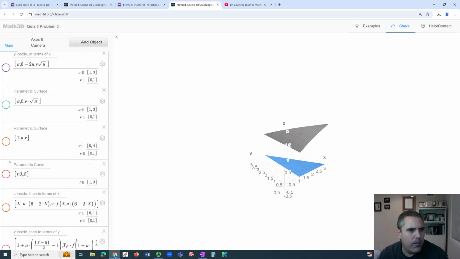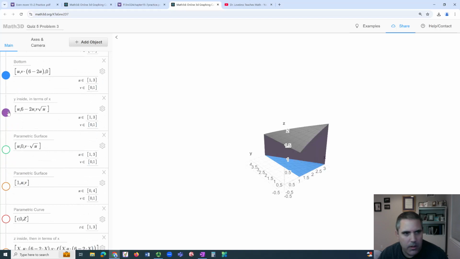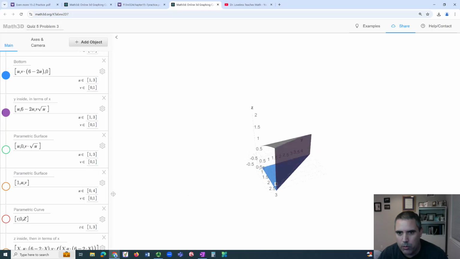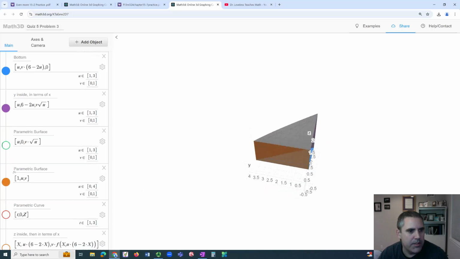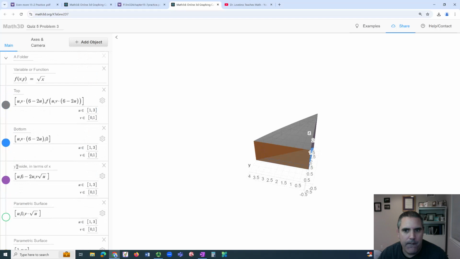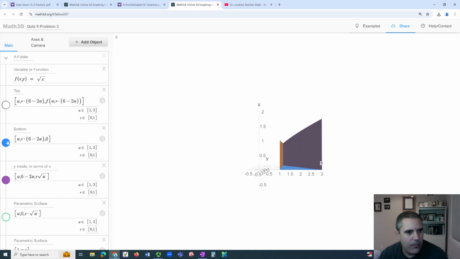Then we said, well, let's do it in terms of Y. Y is always between purple on this side, and orange on this side. Ooh, that's actually X in terms of Y. That's the one that's troublesome.